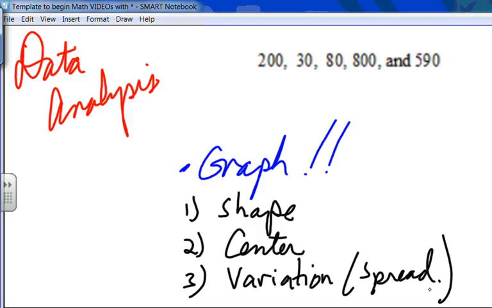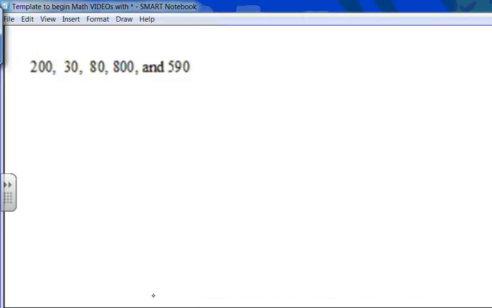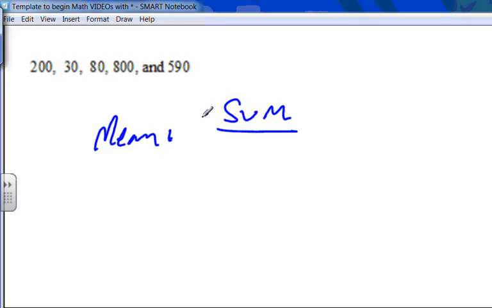Let's begin with center. We are all pretty familiar with mean. Mean will be the sum of all the values divided by how many there are. And recall, we'll always let n be the number of values.